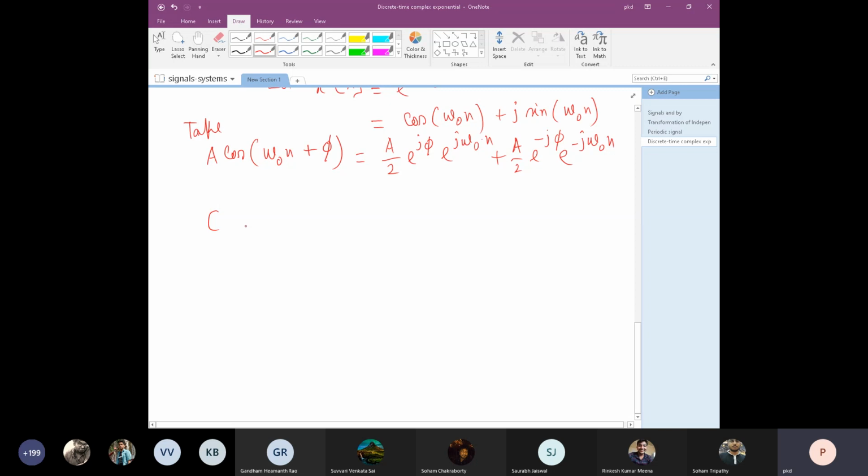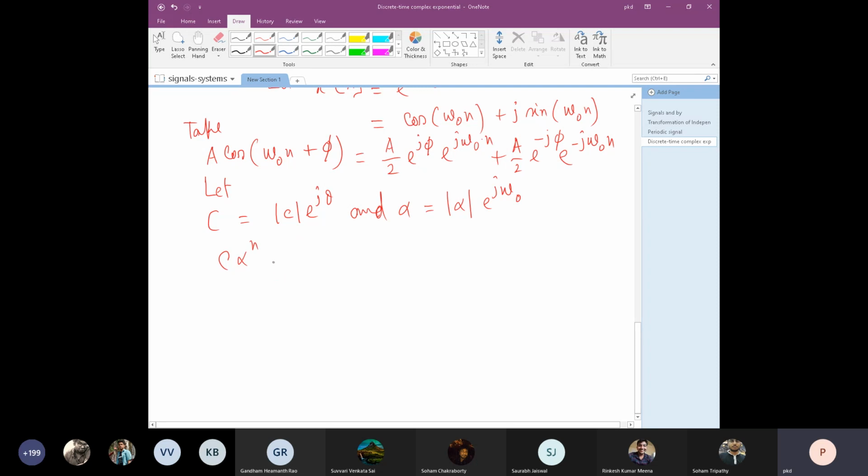So we will put C equal to mod C exponential of j theta, and alpha equal to mod alpha exponential of j omega naught. So both like previous case we are taking both the exponents.